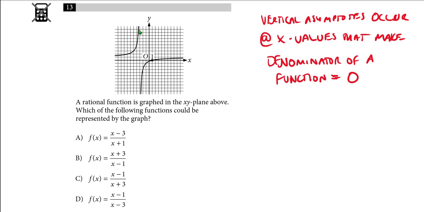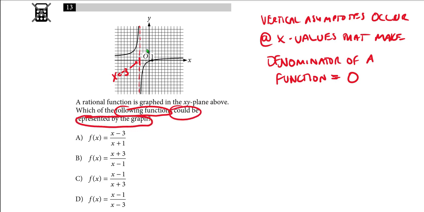So for instance, in this question, you can see that it appears that the 2 legs of the graph get very close to, but never seem to touch that vertical line at x equals -3. By the way, this question is simply asking which of the following functions could be represented by the graph.